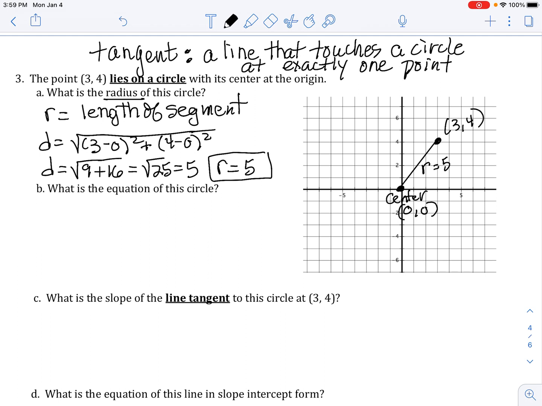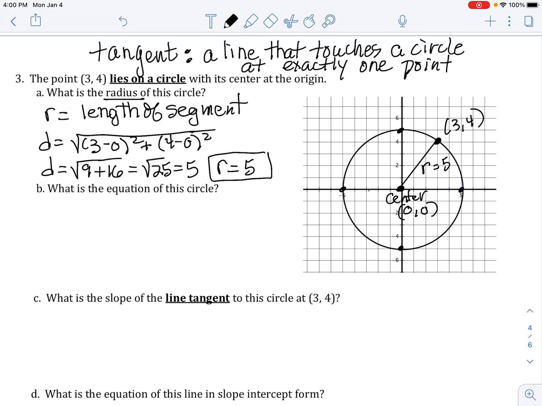So the radius of the circle is 5. All right, so if the radius of the circle is 5, then that would mean that I can plot a point there, and here, and here, and here, and I should be able to draw a nice circle. So I'm going to give it a shot. There we go.